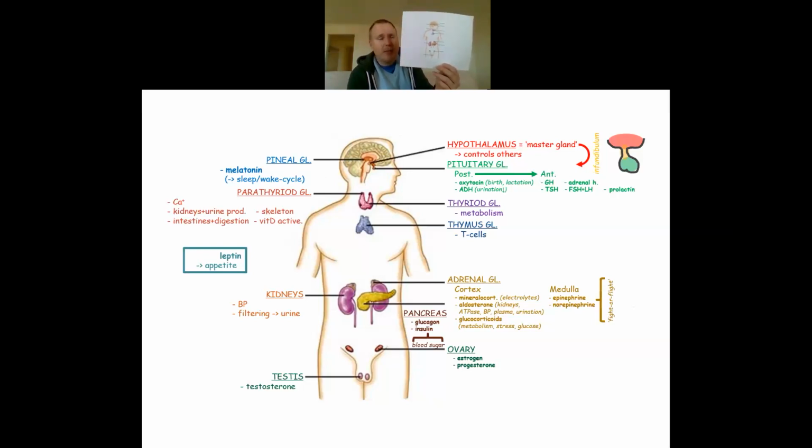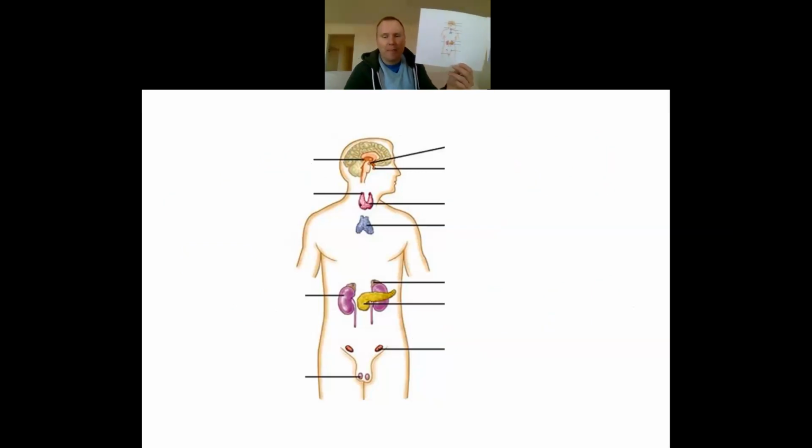So this would be a very handy handout to have around when you are preparing for the exam. I could see myself easily asking questions from this, for example, can you name hormones from this gland, or can you match the hormones with the proper glands which produce them.